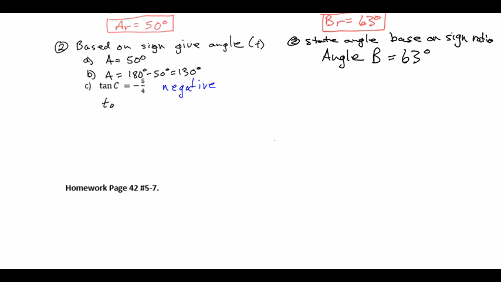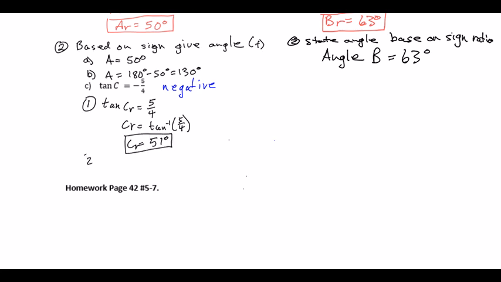So tan of CR is going to be, well, we drop the negative sign, so we get 5/4. We do our calculation. Our angle is tan inverse of 5/4. Now, this was step 1. Our CR value is going to be 51 degrees.